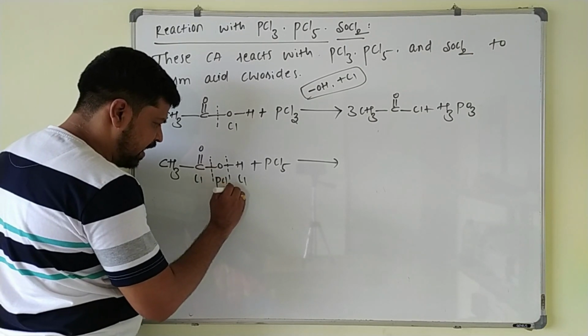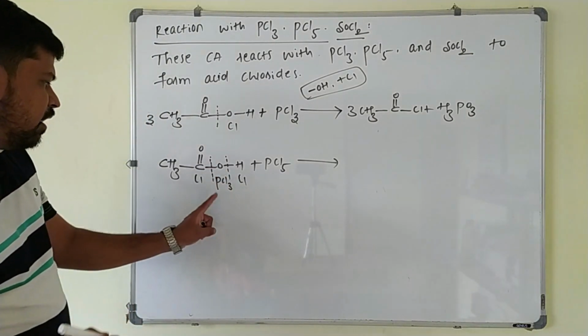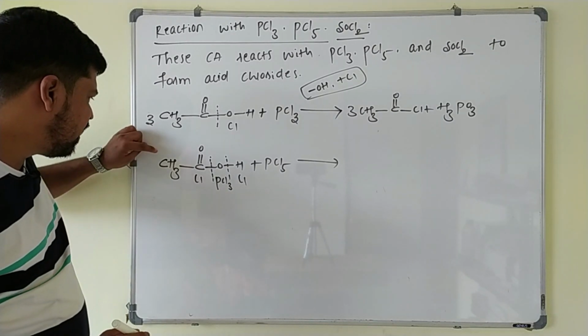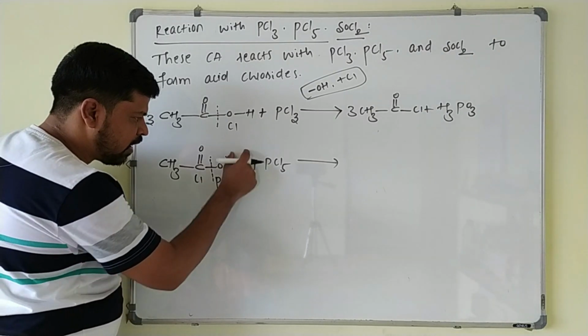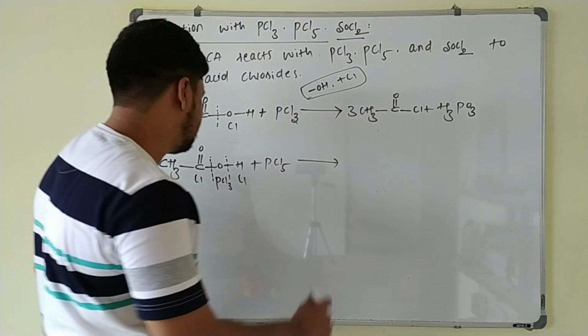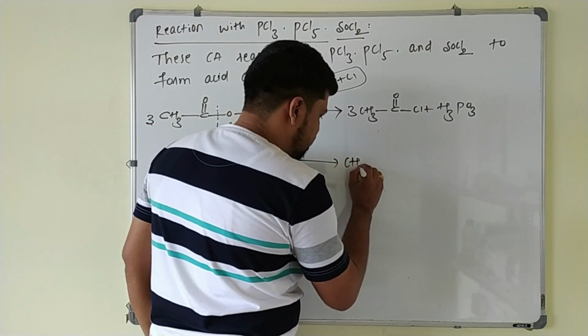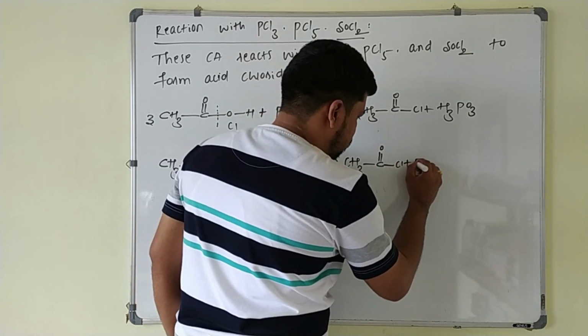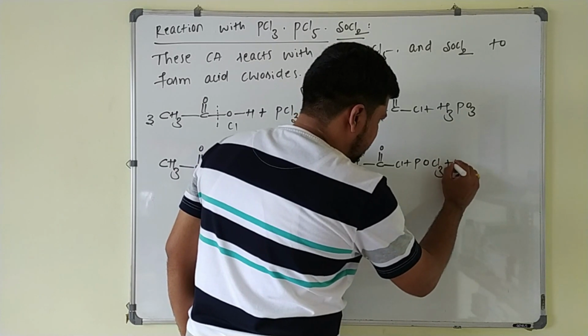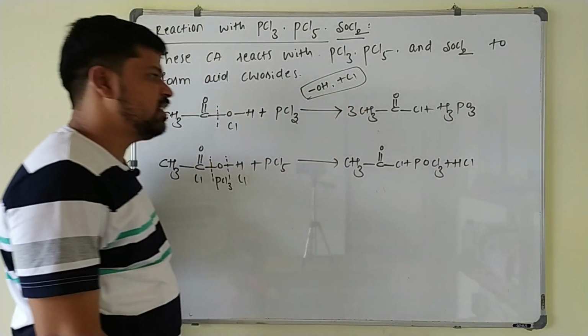That PCl3 is added in between these two here. So what will you get here? CH3COCl is one product, POCl3 is one product and HCl is another product.